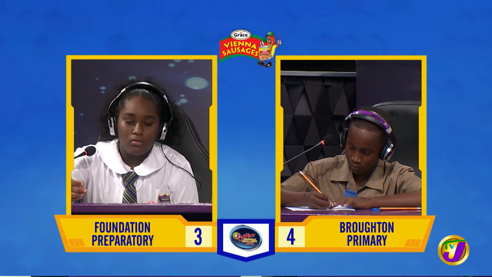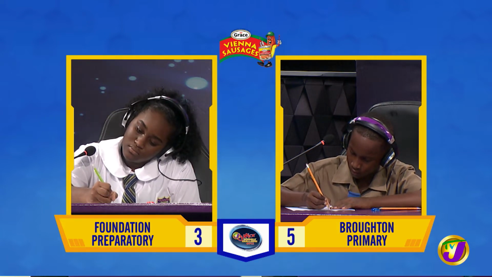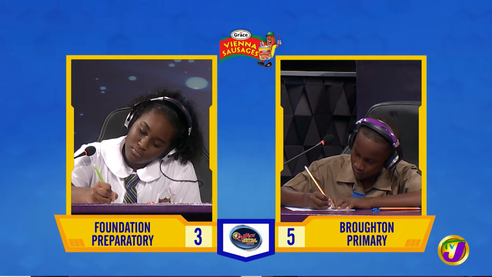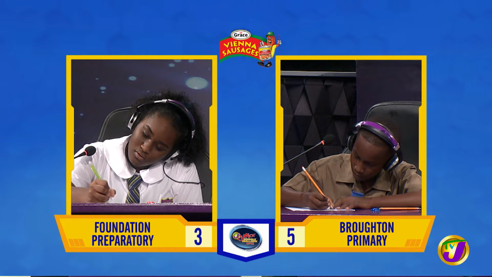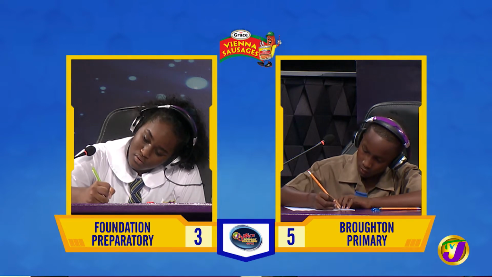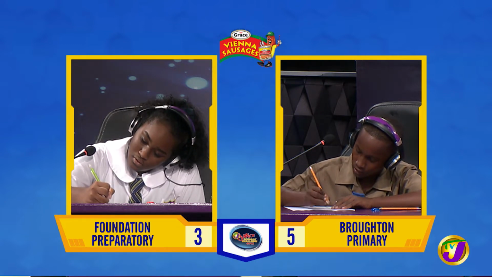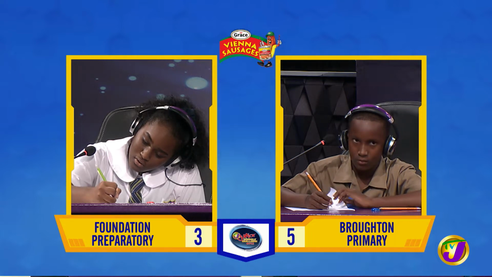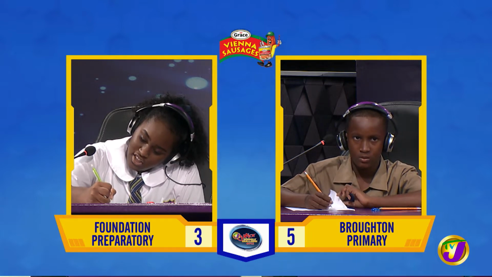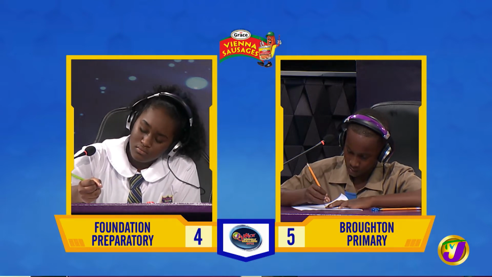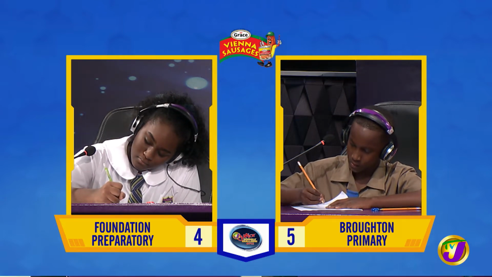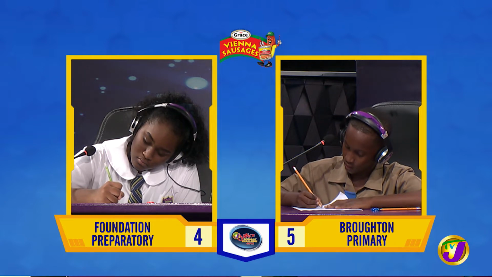Selene, what must be added to 227 to make it 1,118? 891. Correct. Find the area of a triangle with height 14 centimeters and base 5 centimeters.